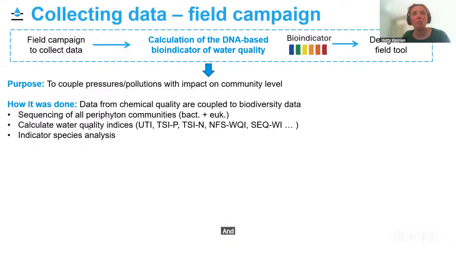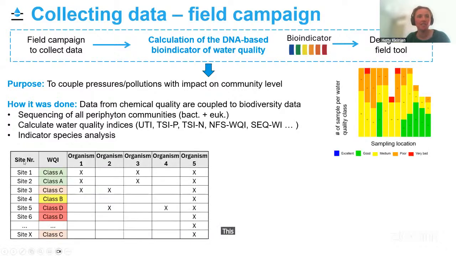And we coupled the water quality indices and the classes with the presence of specific species in the periphyton community. And these species we call indicator species.